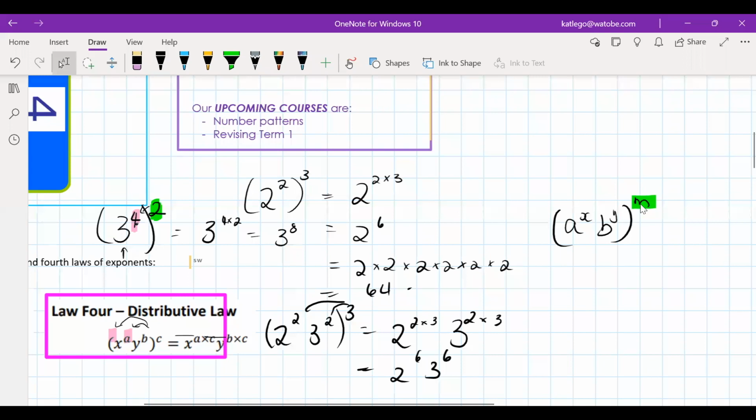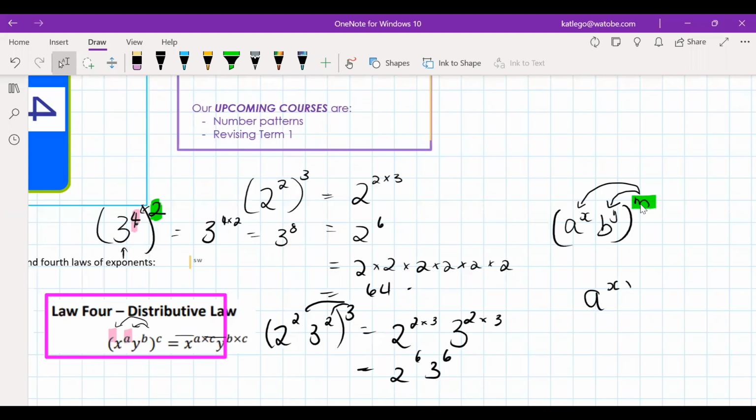So you have to give it to A and you have to give it to B. But when you give it to A and B, you apply law number 1, the one we just did. So when it gets to A, there was already an X there. Do you agree? Yes, ma'am.